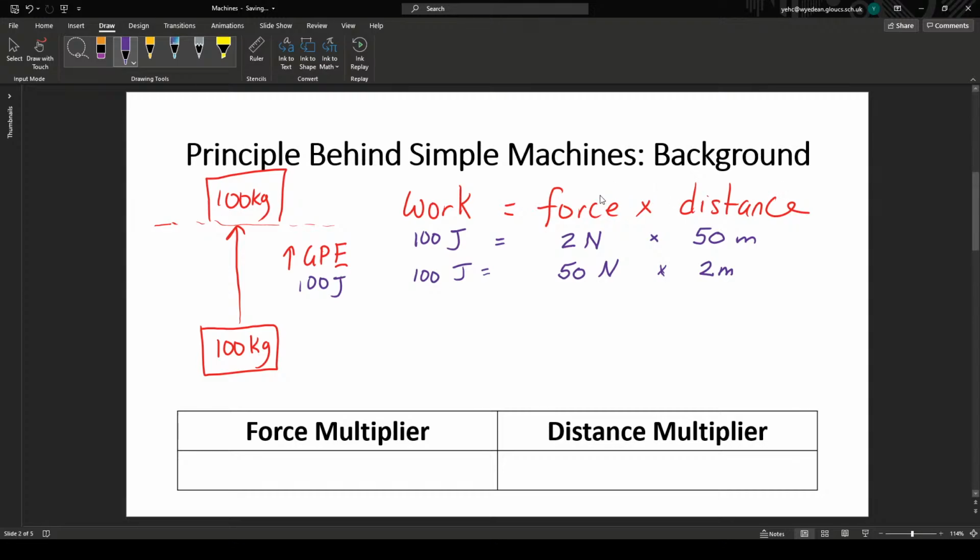So notice that the relationship of force and distance, they're like opposites. If you increase one, you're going to decrease the other one. And vice versa. If you increase force, you're going to decrease distance. If you increase distance, you're going to decrease force. So if one goes up, the other has to go down, if the amount of energy being transferred, the work, is going to be the same.